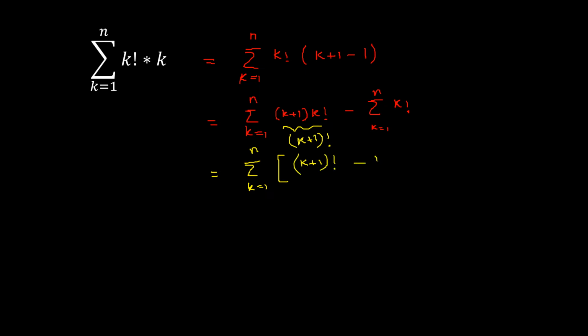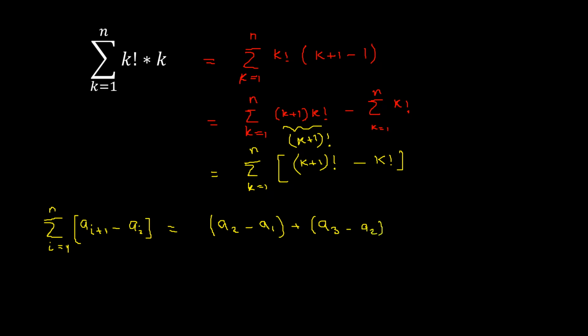factorial minus k factorial. Here we recall a concept known as the telescoping series, which says that if we have to find the finite sum of a series of the form a(i plus 1) minus a(i), then if we plug in the values, we get first a2 minus a1 when i equals 1, then plus a3 minus a2 when i equals 2, then plus a4 minus a3, and so on.